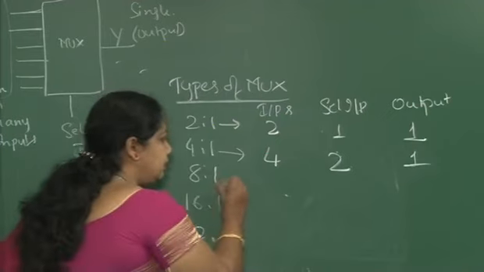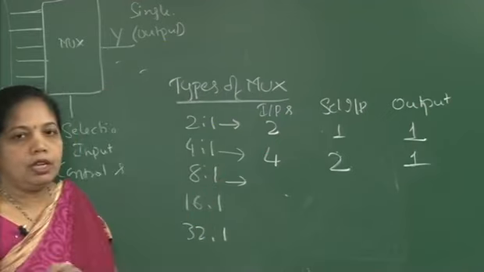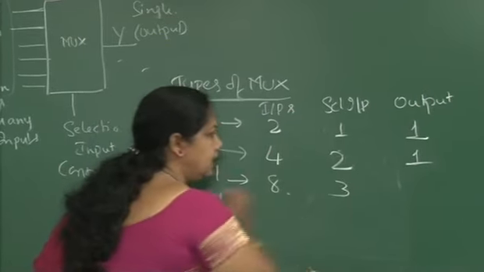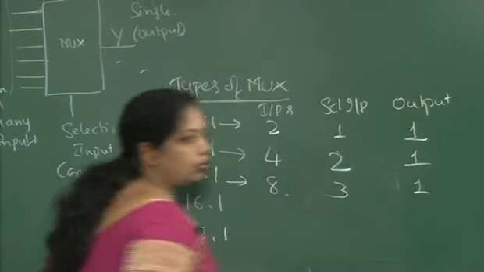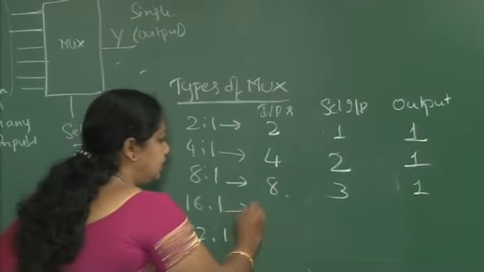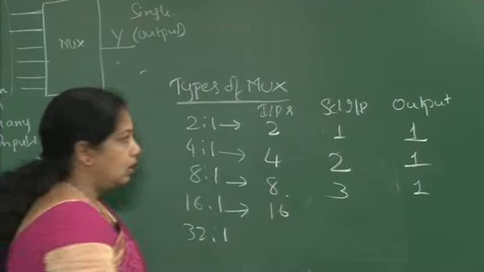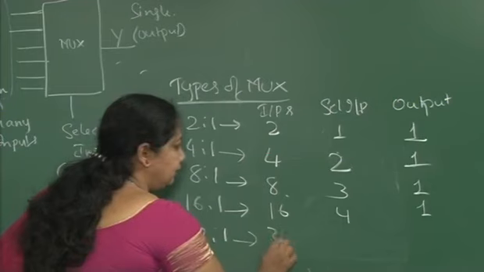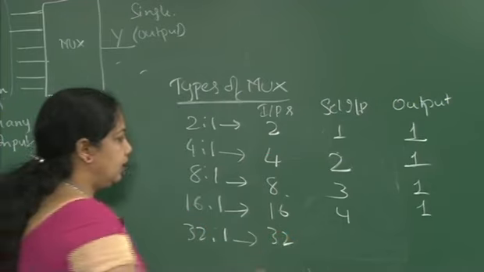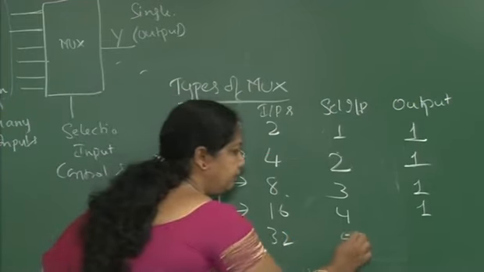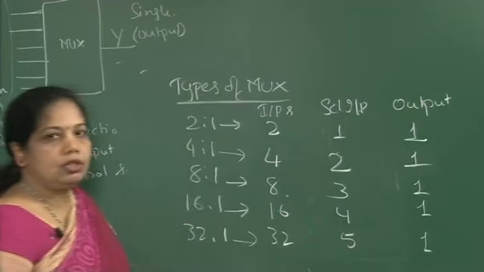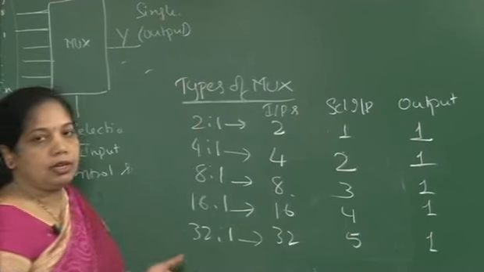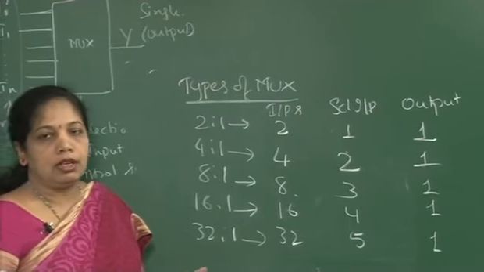Coming to 8:1 mux: 8 inputs, 3 selection lines, 1 output, right. Coming to 16 inputs, 4 selection lines and 1 output. 32 inputs, then 5 and 1. So, this is how we see the different combinations of multiplexers available.